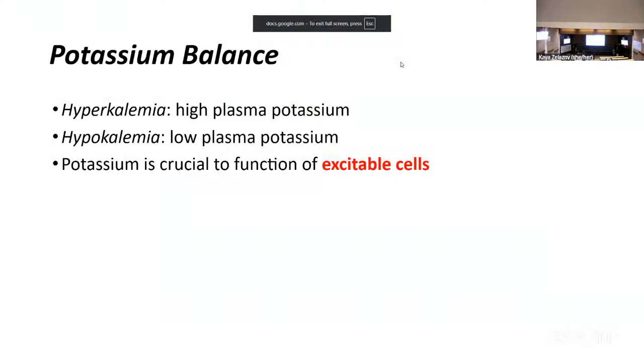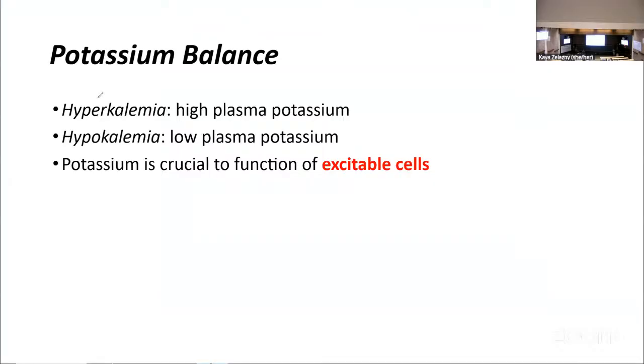Okay. So hyperkalemia. We can see that K in the middle means you have high plasma potassium. So hyper for high. Hypokalemia means you have low plasma potassium.